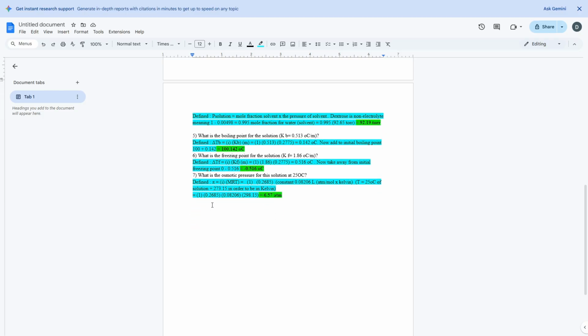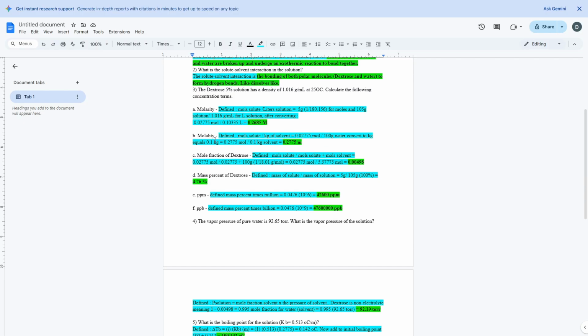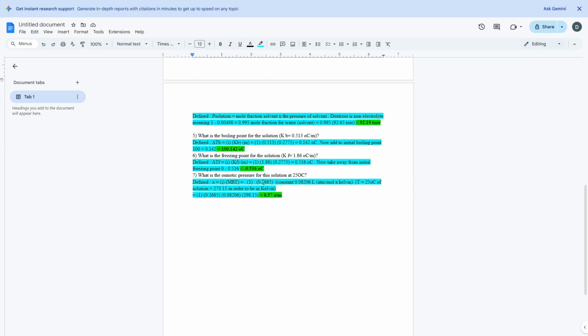And for osmotic pressure, sitting at 25 Celsius, osmotic pressure is defined as the i times the MRT. So we know the i is the 1, and we know this M will be our molarity, which we found back in part A. So we plug in that, and then for the R, it's just the constant. This is a constant that will always be the same, 0.08206, times the new temperature that we have to figure out.